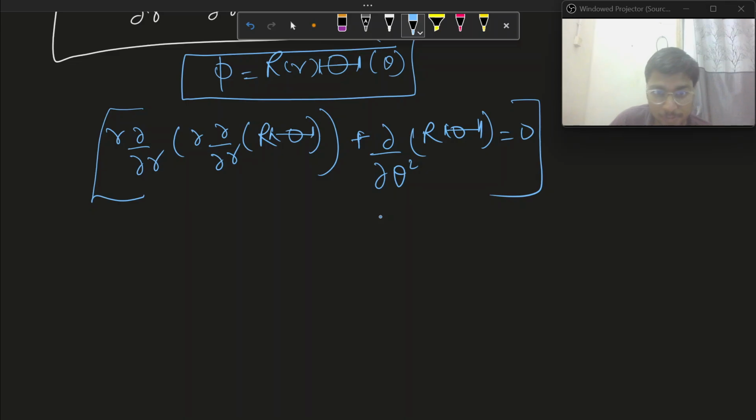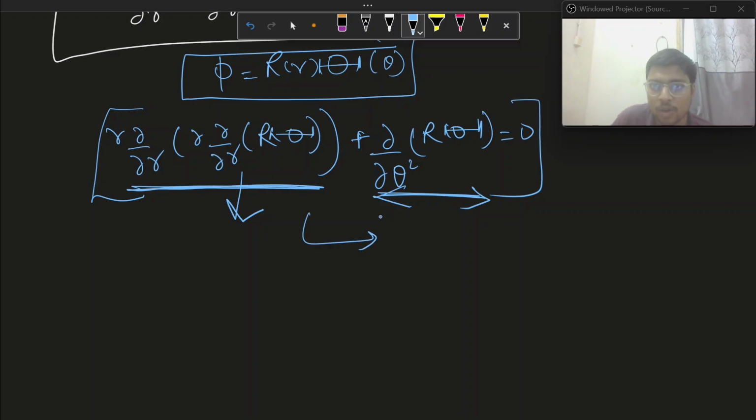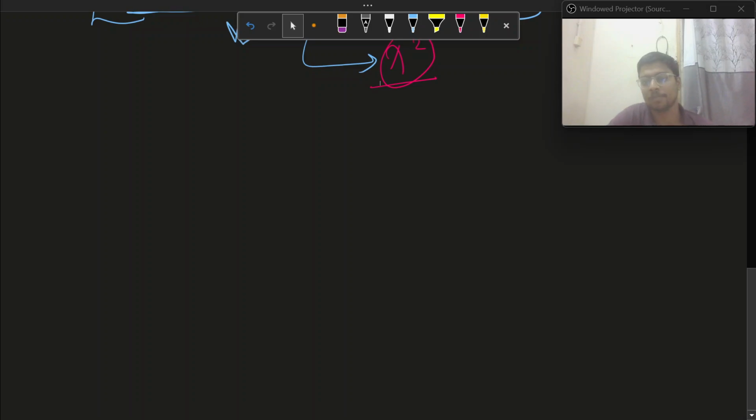Here it is a function of r, here it is a function of theta, so they must be equal to some constant, lambda squared.